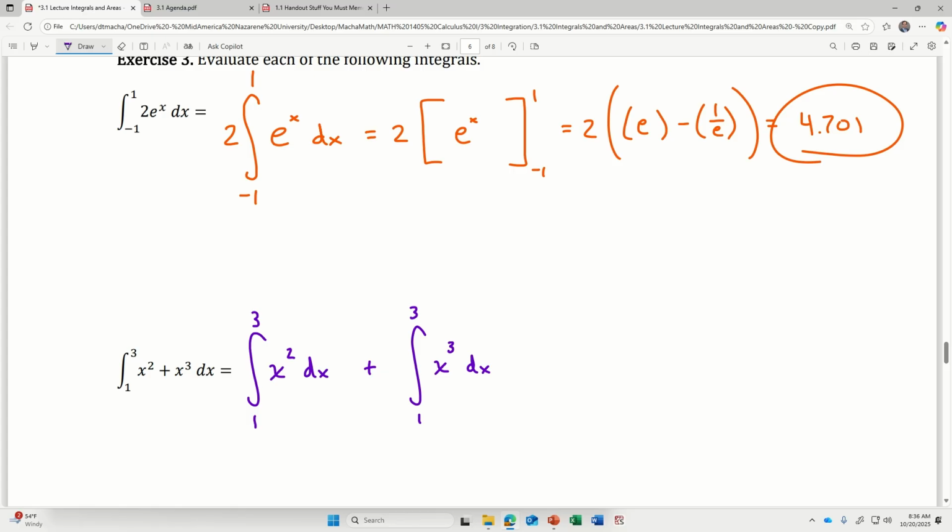I can just take the antiderivative and the integral of both separately if I want to. Now, really, there's no reason in practice why you would want to do this versus just writing it together as one big blob. There's not one way that's better than the other, but in theory, it becomes important.